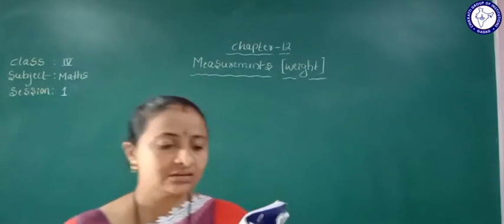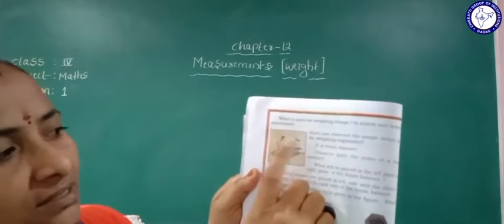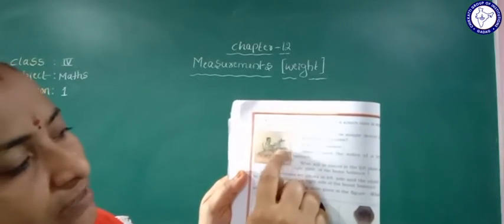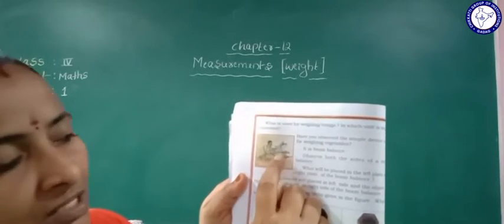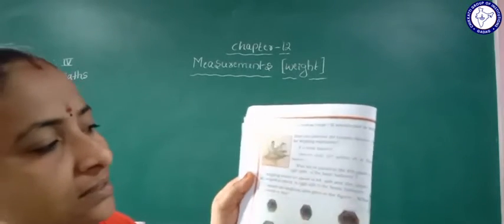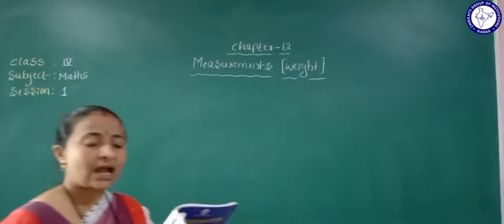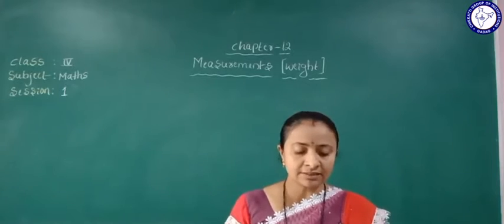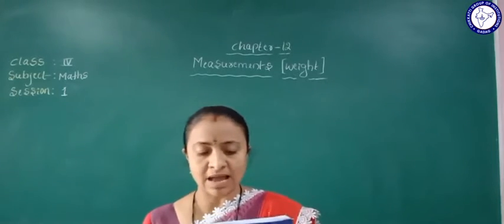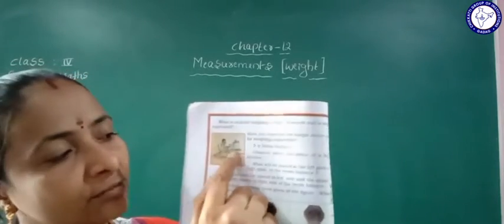See, this vendor is weighing vegetables. This weighing machine we can call a beam balance. What will happen? Objects are placed in the right plate and weights in the left plate of the beam balance.